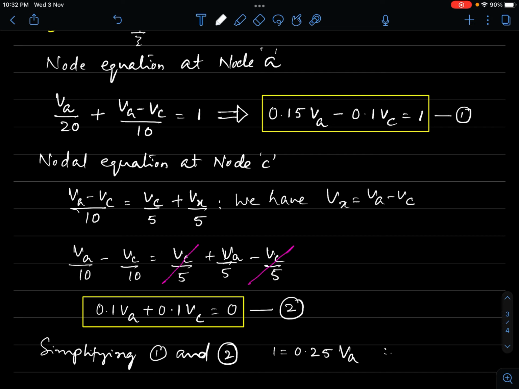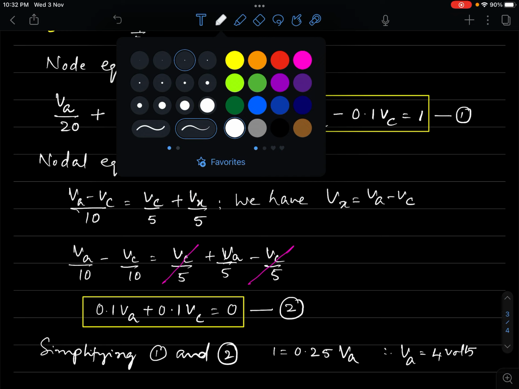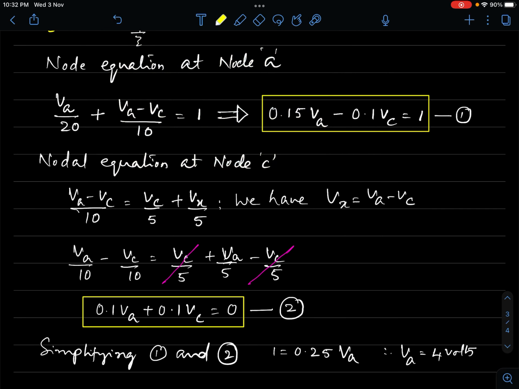Thereby, Va equal to 4 volts. Okay? So I suppose we are done. We are able to find out what Va is equal to.